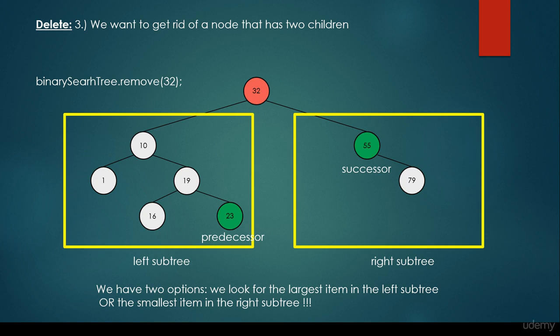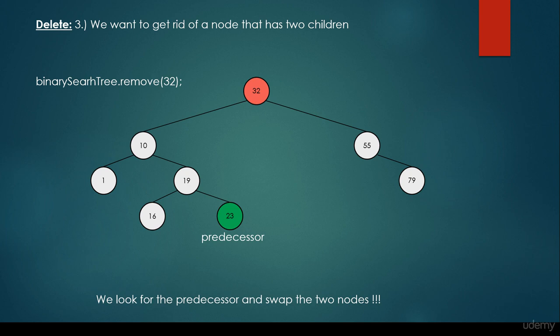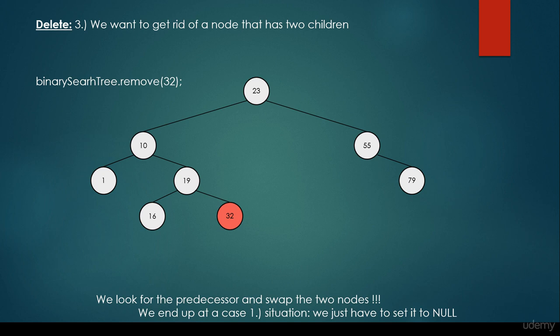I usually implement the delete operation with the predecessor. So we find the greatest item in the left subtree and we swap it with the node we want to get rid of. In this case, we choose the predecessor, so the 23, and it's going to be the root node, so we just swap them. Why is it good? Because as you can see now, the 32, the node we want to get rid of, is a leaf node, and we know how to deal with a leaf node.